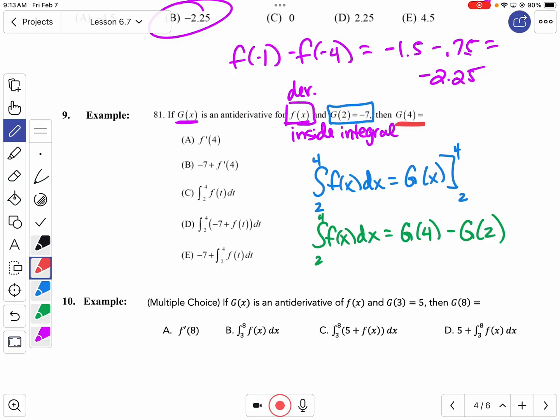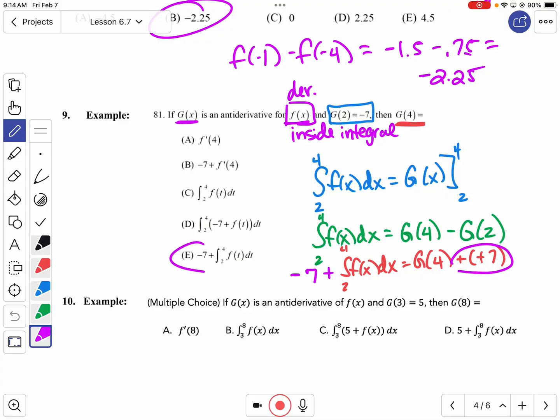It's -7. So I have the integral from 2 to 4 of f of x dx equals g at 4 minus a -7, or just plus a 7. If I wanted to get g at 4 by itself, who needs to move? The 7. It's going to move over here to the front and become a -7. So E is my correct answer.